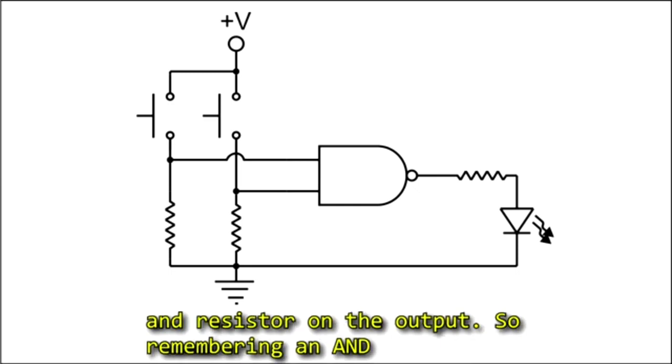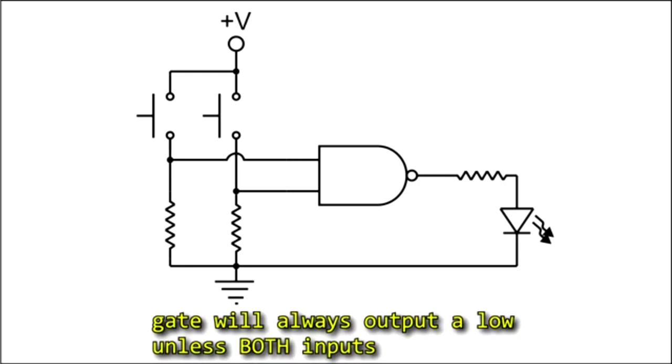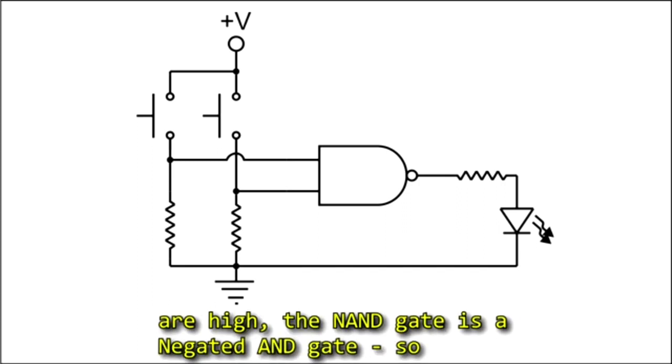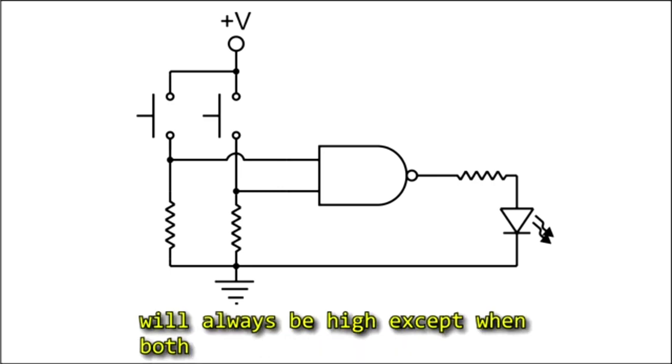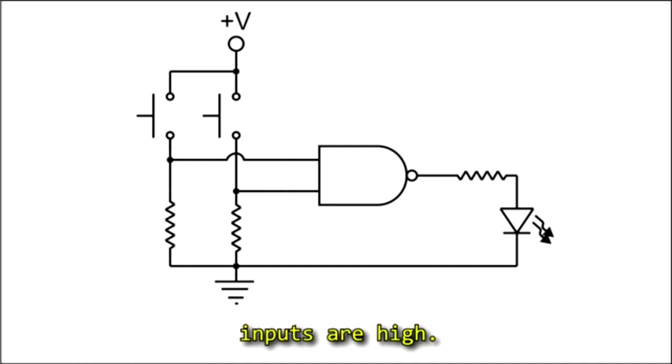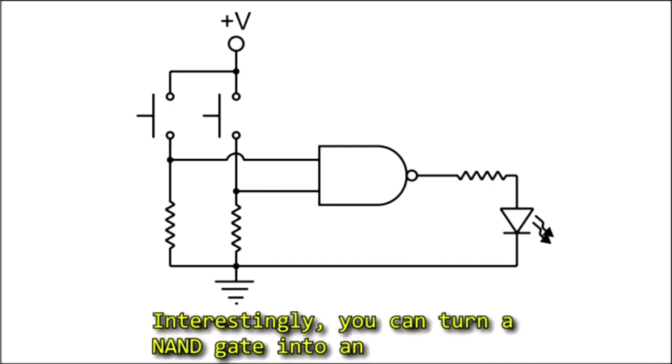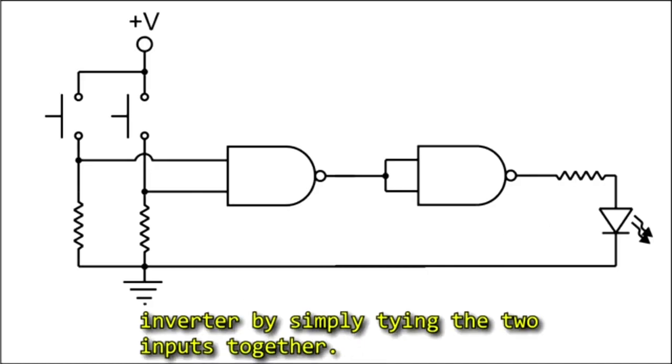So remembering, an AND gate will always output a low unless both inputs are high. The NAND gate is a negated AND gate. So the output will be the exact opposite. The output will always be high, except when both inputs are high. Interestingly, you can turn a NAND gate into an inverter by simply tying the two inputs together.